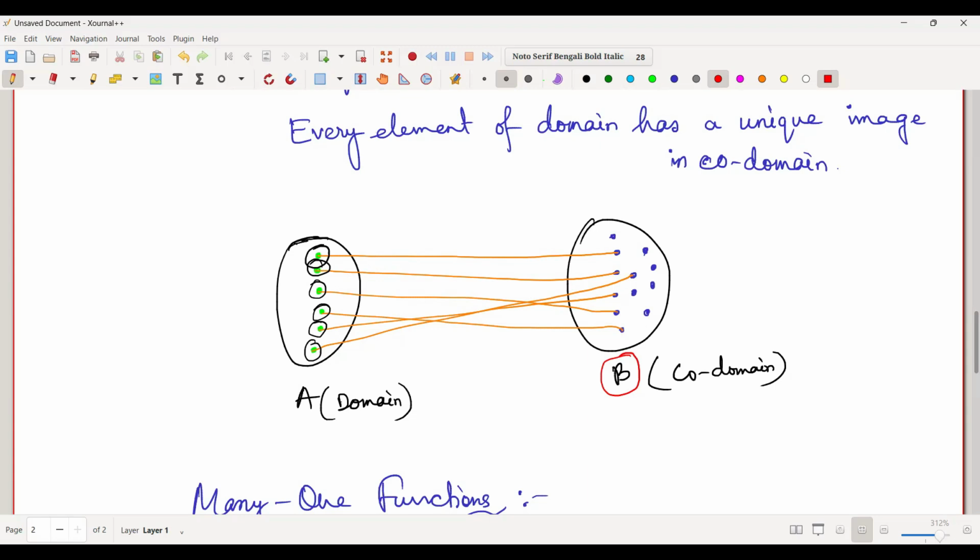That means the range. This is the range set. The range of f, the function f from A to B, is a subset of B, that is the codomain.